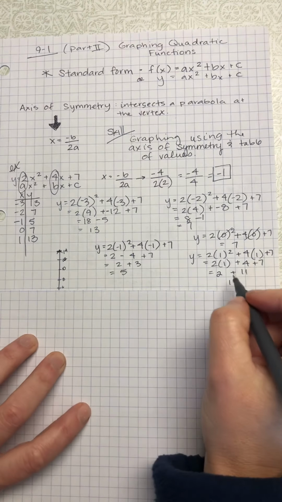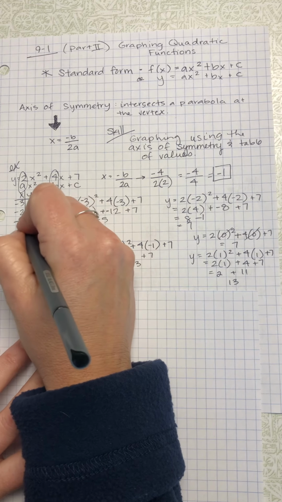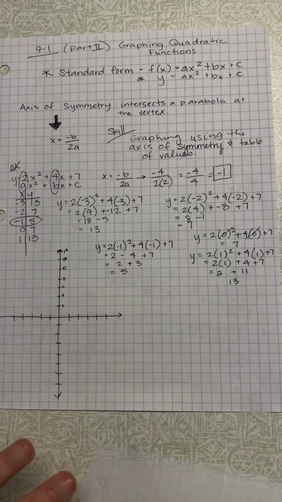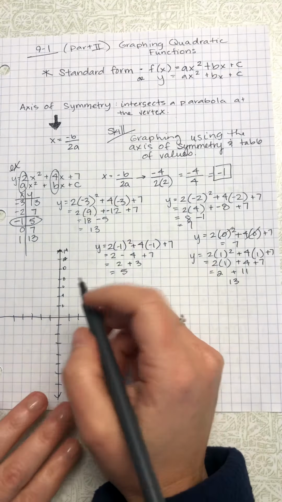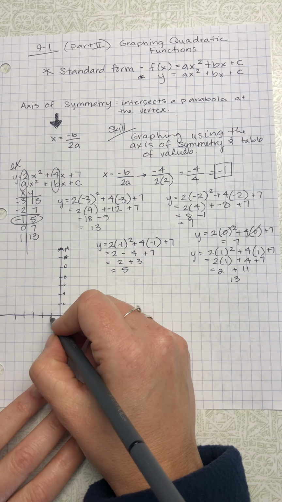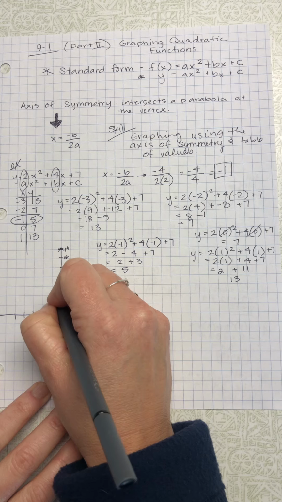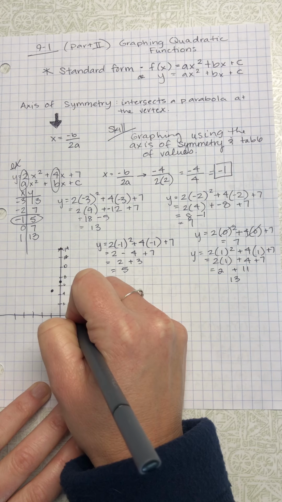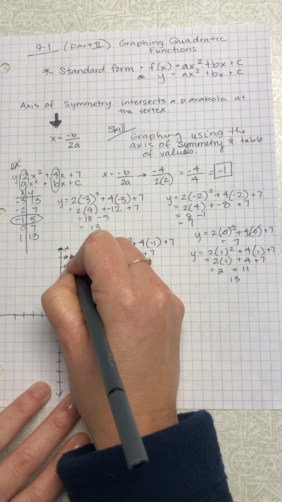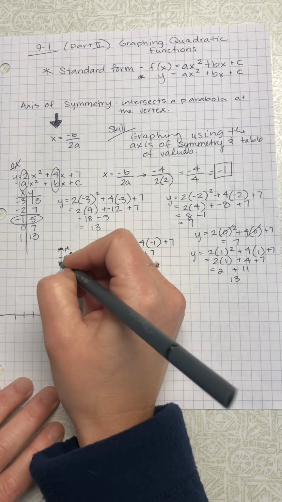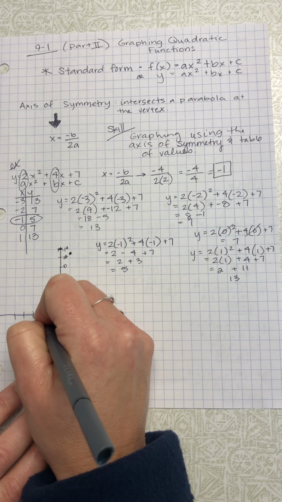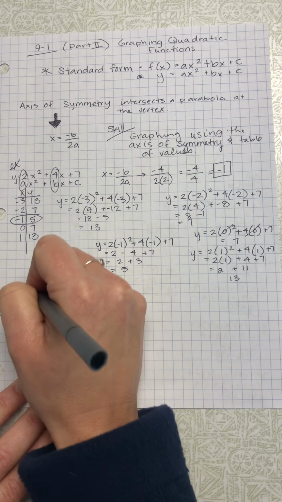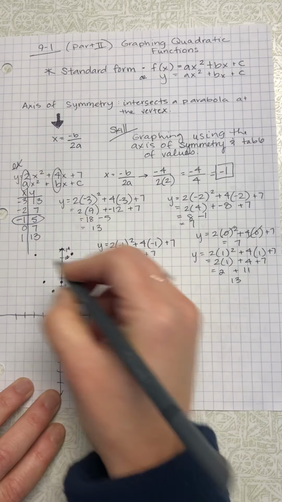So here we have all the math done. The points that we're going to plot, remember the vertex is our middle. So we're looking at -1 and 5, 0 and 7, 1, 13, -2, 7, -3, and 13.